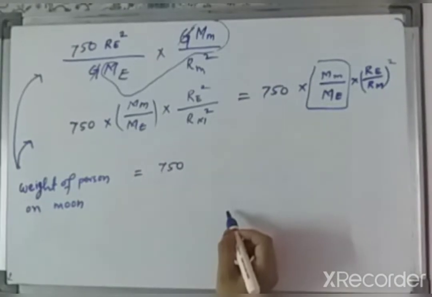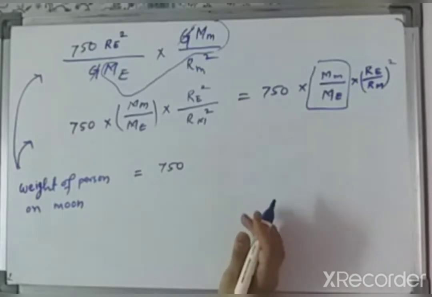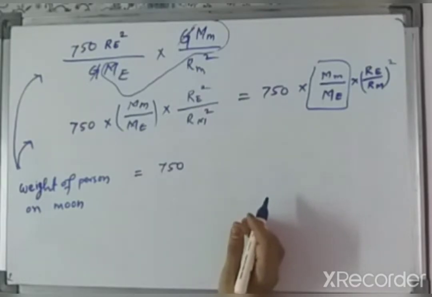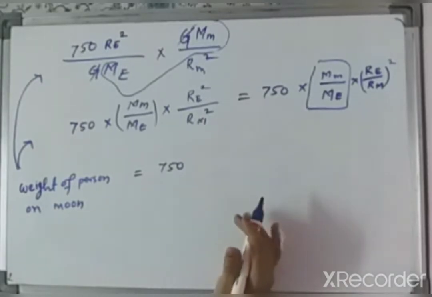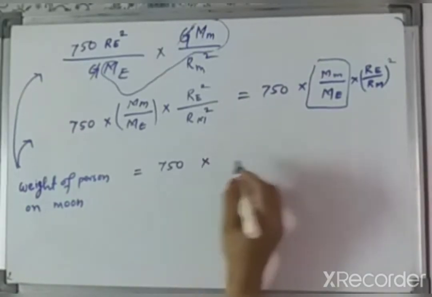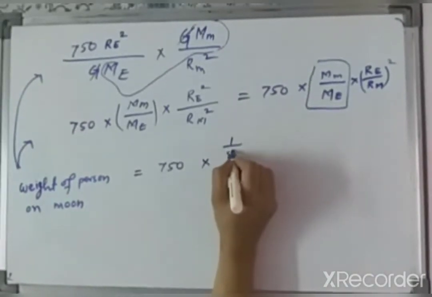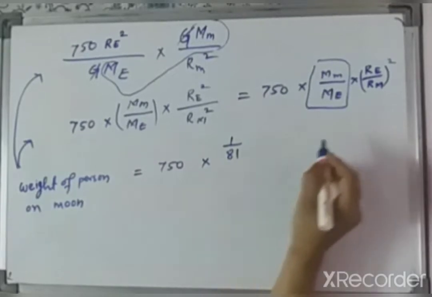Ratio of mass of moon upon mass of earth. We have in the given data mass of earth to mass of moon is 81. So here mass of moon to mass of earth will be what? 1 upon 81. Values will get changed.